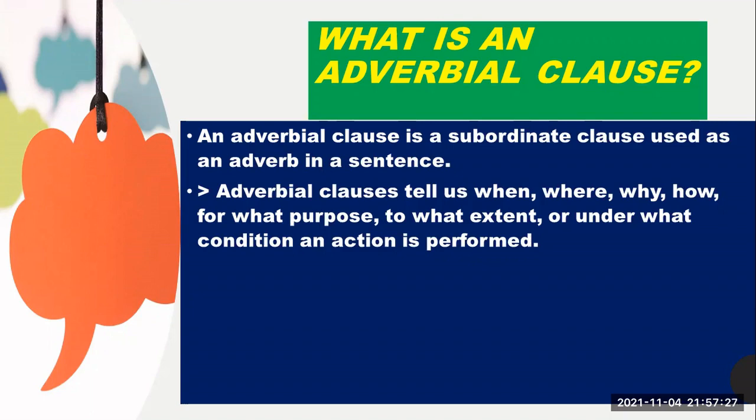Adverbial clauses usually tell us when, where, why, how, for what purpose, to what extent, or under what condition an action is performed. In other words, adverbial clauses give us additional information about the action described by a verb in a sentence.